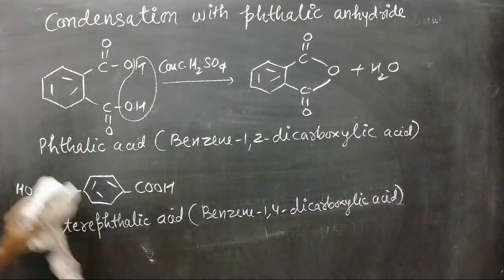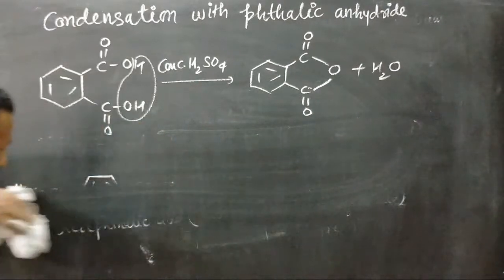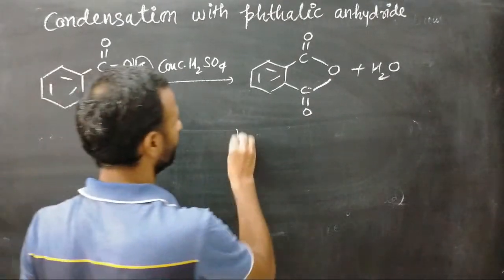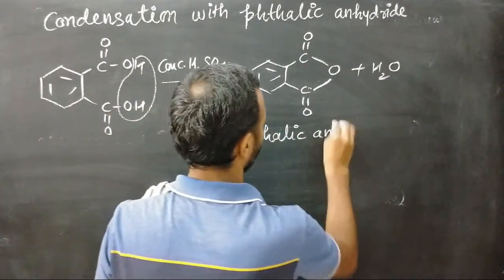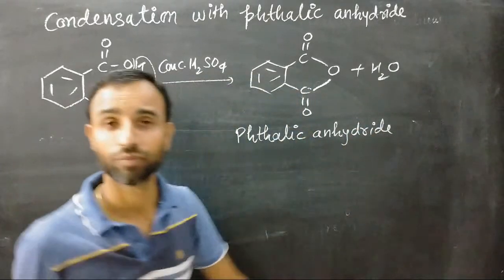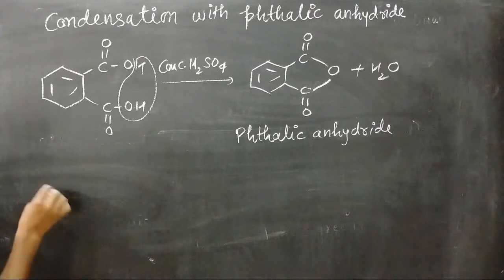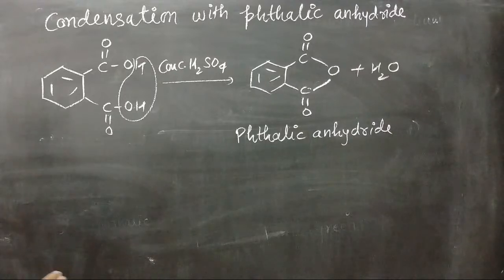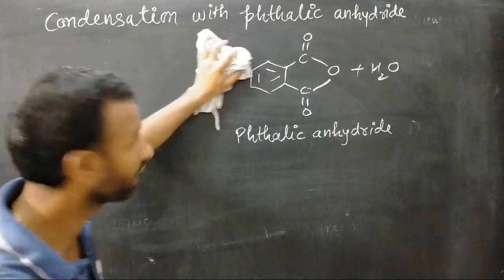And concentrated H2SO4 is a dehydrating agent, so we get phthalic anhydride. Okay, this is the method to prepare phthalic anhydride.